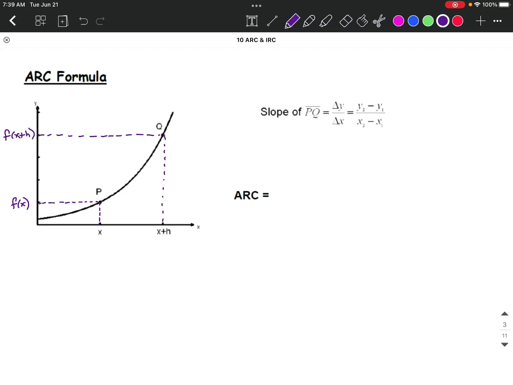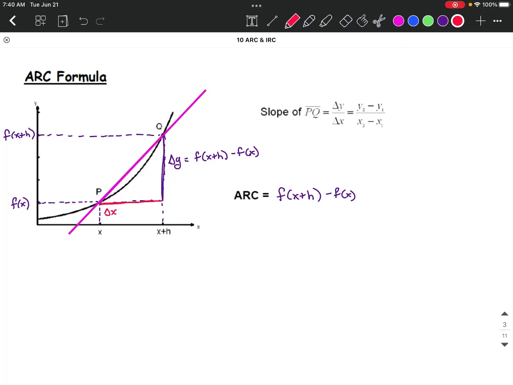Now, if I draw my secant line, our slope is the change in the y's here, which would be the y2 minus the y1, or in this case, f of x plus h minus f of x, over the change in the x values, delta x, which is x plus h minus x, or just h. And here is our average rate of change formula.